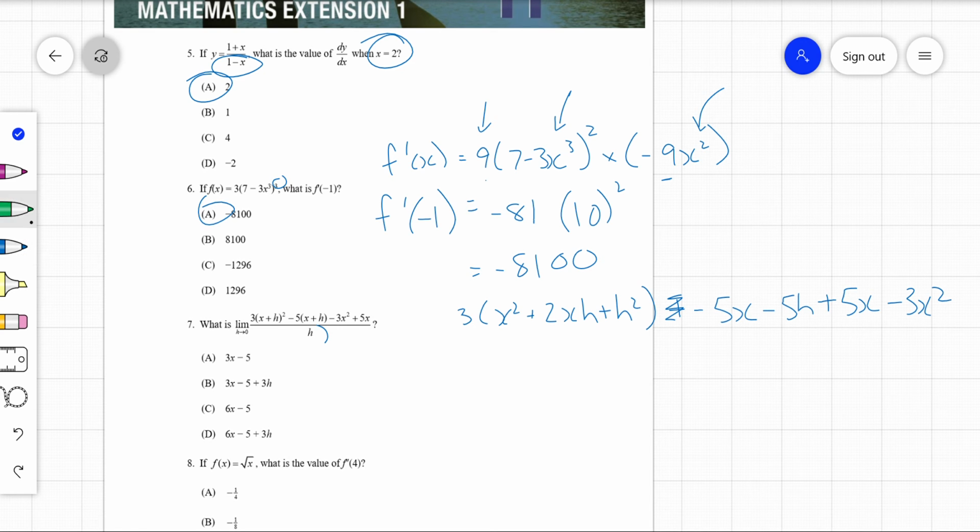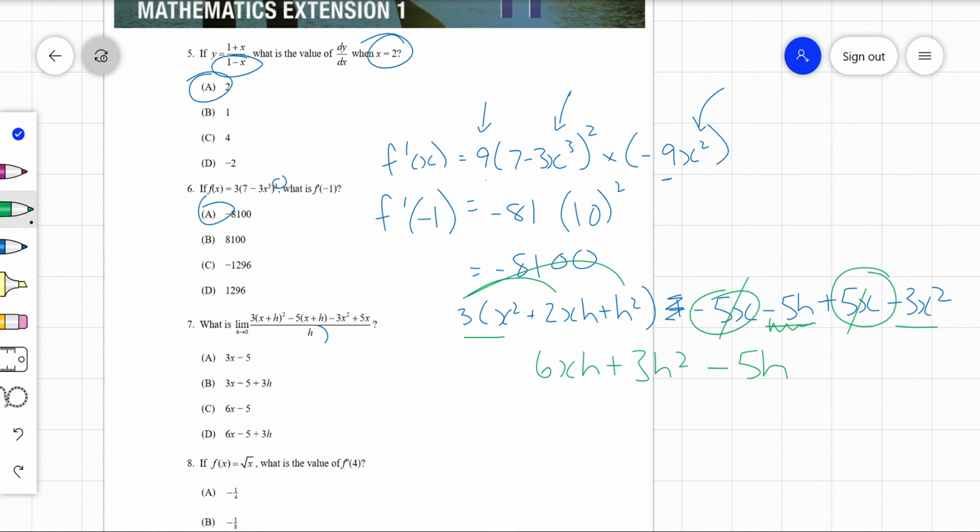So that's just looking at the top. So you can see positive x squared minus x squared cancel. And you can see I'm going to get a 3x squared and a minus x squared, so they cancel as well. So the only things left will be this 6xh and a 3h squared and that minus 5h there.